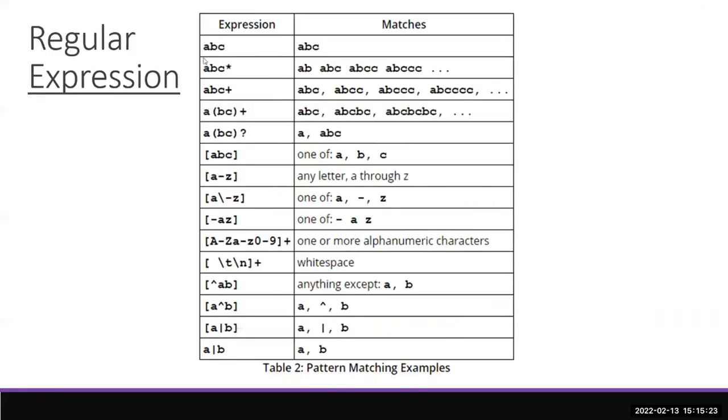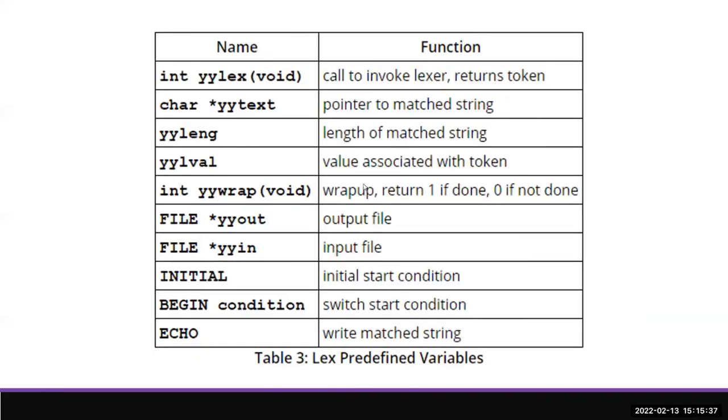Anyway, with regular expressions, you can write ABC, that matches ABC, or ABC followed by C star, so zero or more C. Here we have some rules. I don't repeat them because in the last lecture we already talked about it. Now there are yylex, yywrap, yyout, yyin. These are different functions and symbols that will be used in Lex.